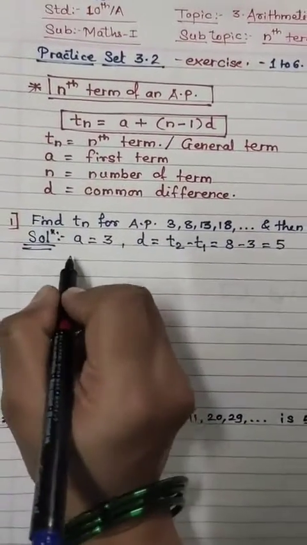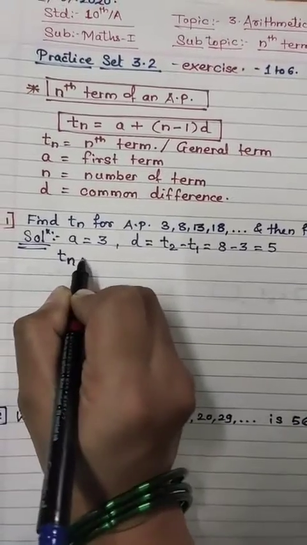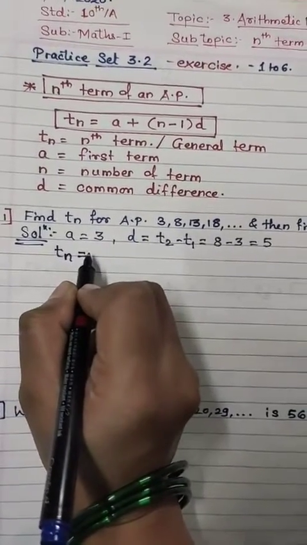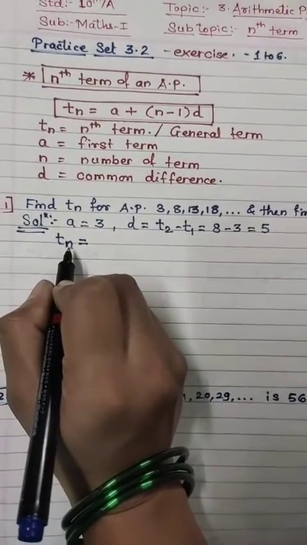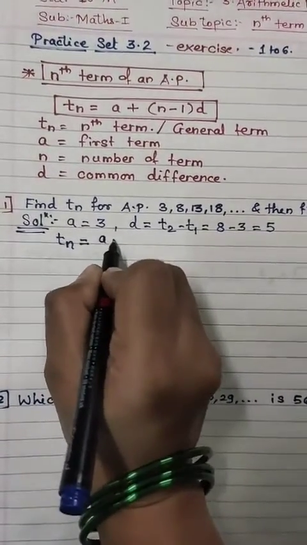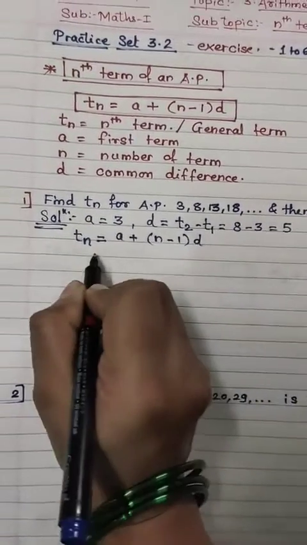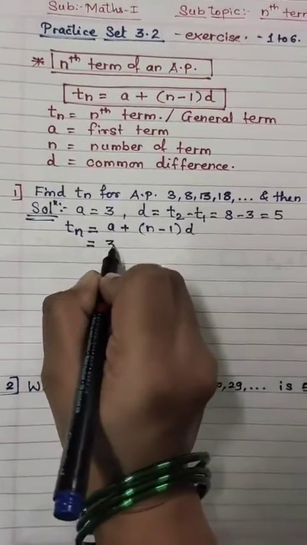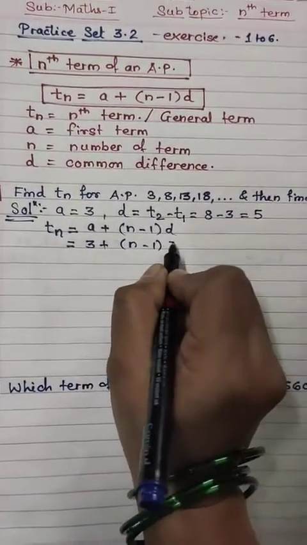So we have the value of A and the value of D. Now we can calculate the nth term, that is Tn. Instead of Tn, they can ask to find the general term. So we will write the formula for Tn. Tn is equal to A plus (n minus 1) into D. Put the value of A is 3 plus (n minus 1) into the value of D, which is 5.